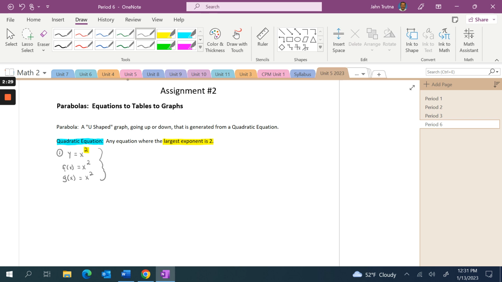So always remember that the variable y is the same thing as the representation f parentheses x, which is the same thing as the representation g parentheses x. Those last two, f of x and g of x, are just simply ways that mathematicians show the variable y.